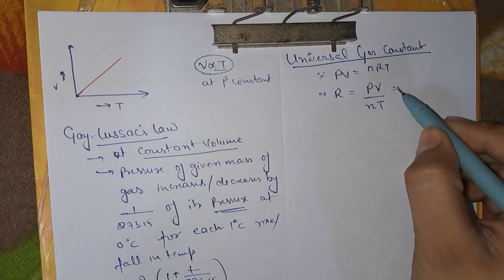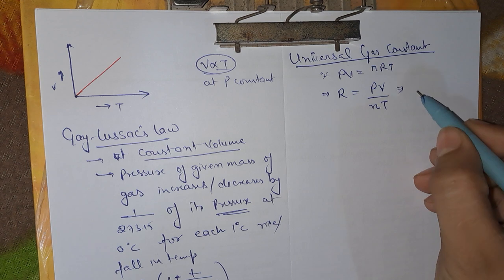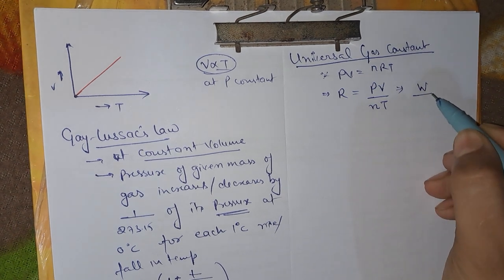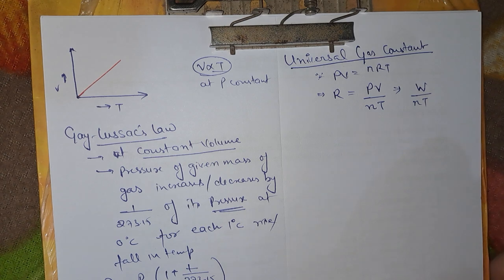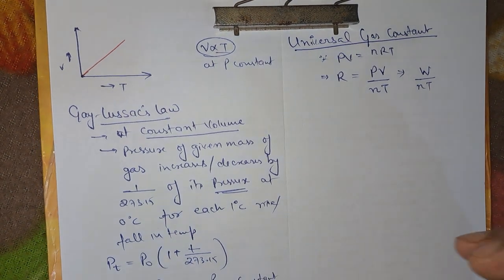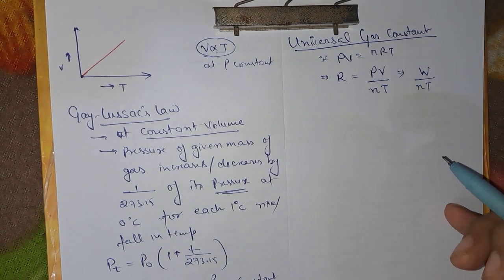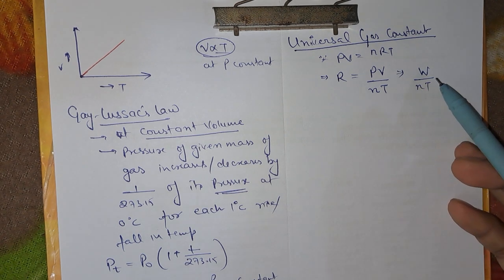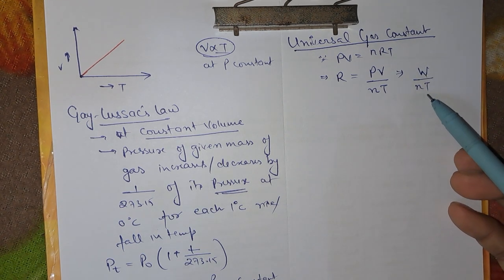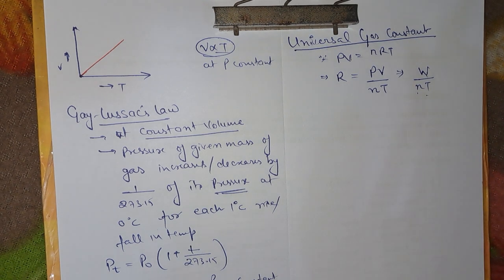This PV, as we discussed in previous videos, is work done. So the universal gas constant tells about the work done per unit temperature based on the number of moles of gas.